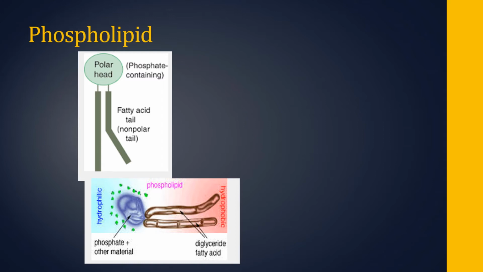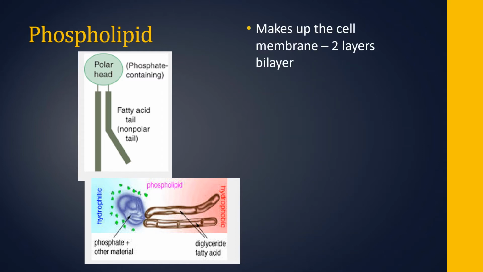The two fatty acid tails are nonpolar and are repelled by water. So the phospholipid bilayer, or the plasma membrane rather, makes up the cell membrane in two layers. That's the reason why we call it a bilayer.